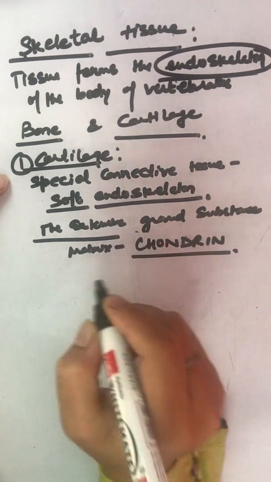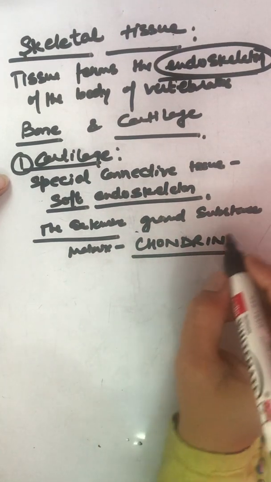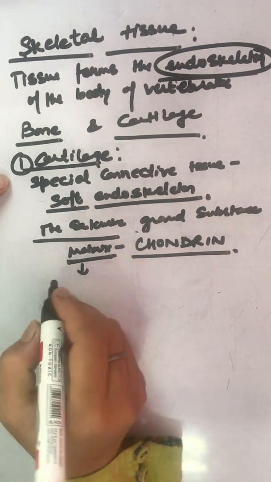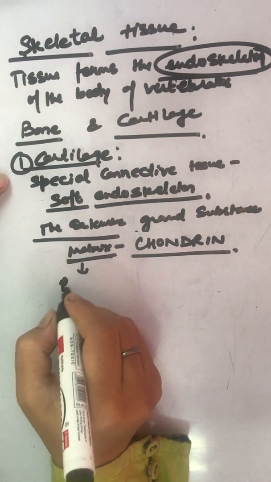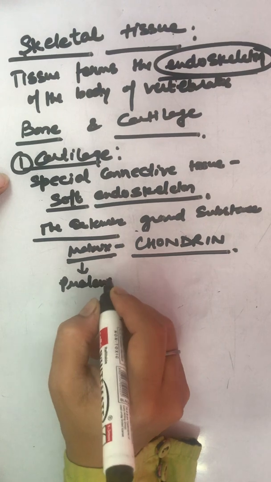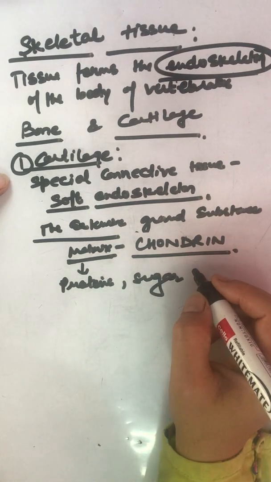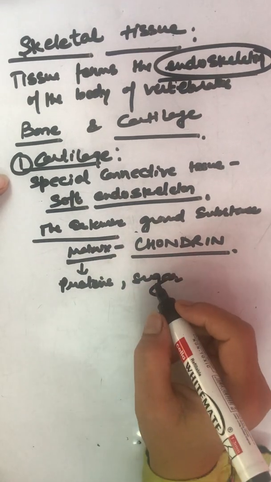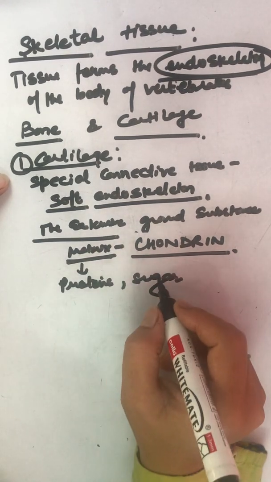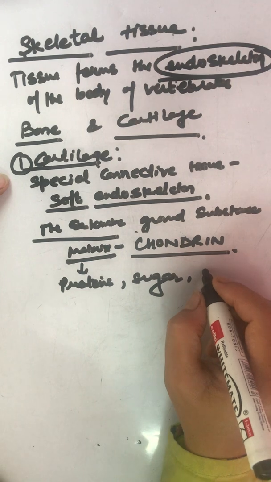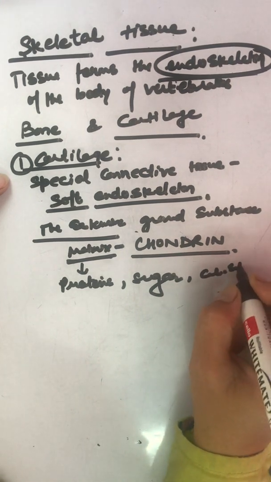This matrix is made up of proteins and sugar. Something has to make up its base. Protein, sugar, and because calcium salts are also present, it becomes slightly hard. Okay, calcium salts.